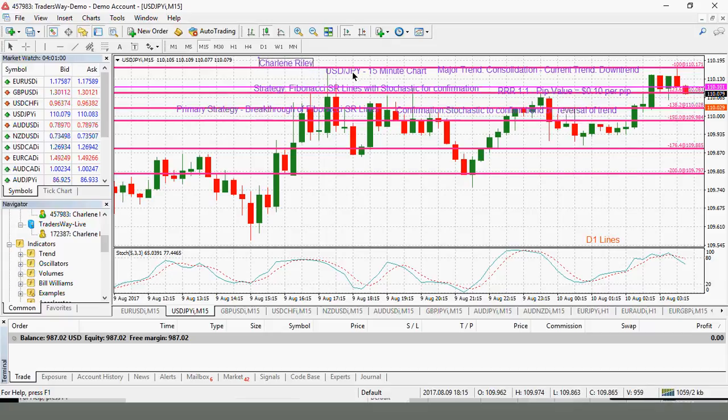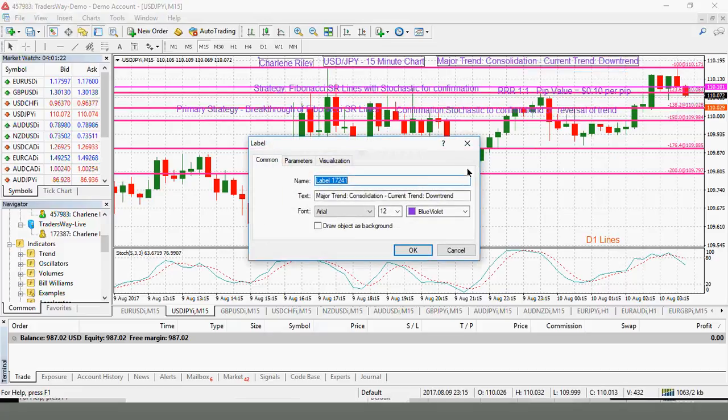So it looks like we may get some action here on the USD JPY chart. I'm going to call the major trend an uptrend, and it looks like the current trend is going to be a downtrend.